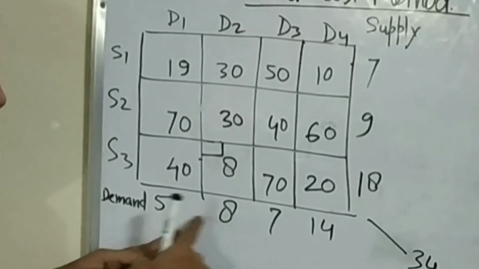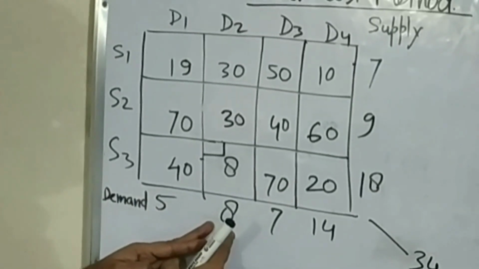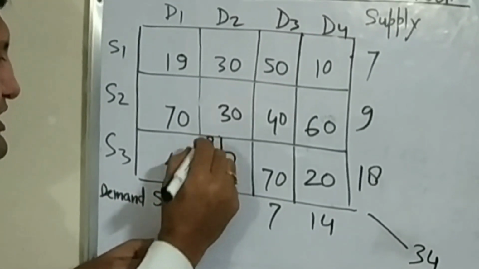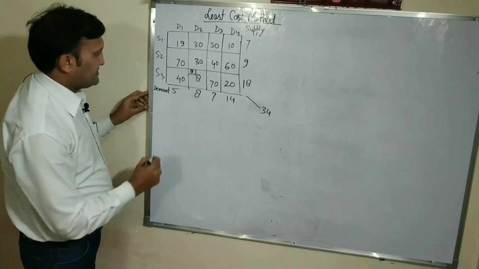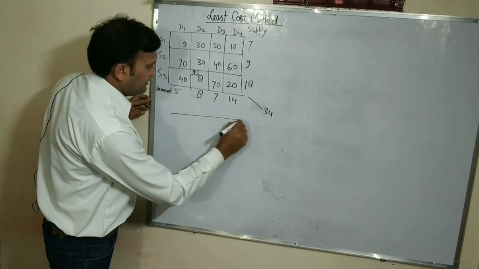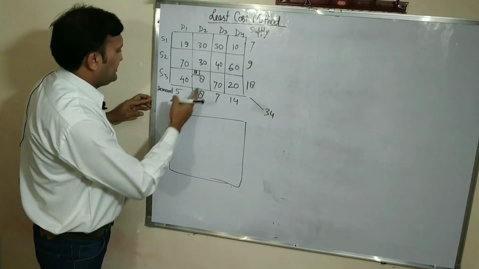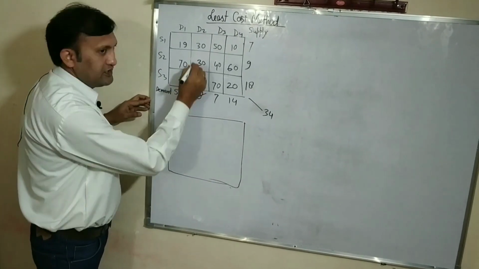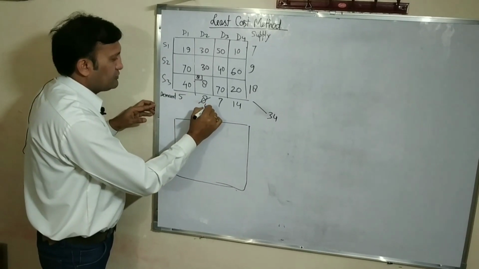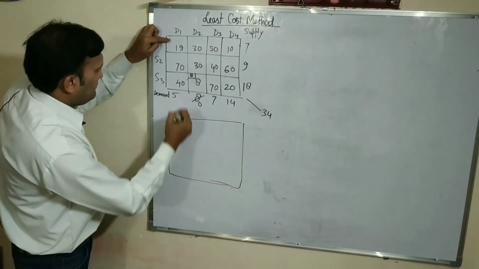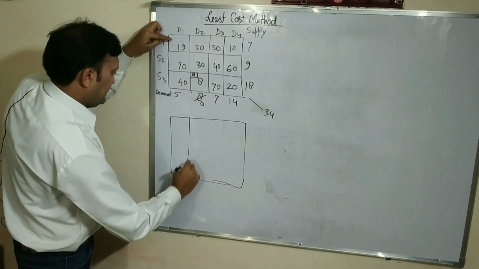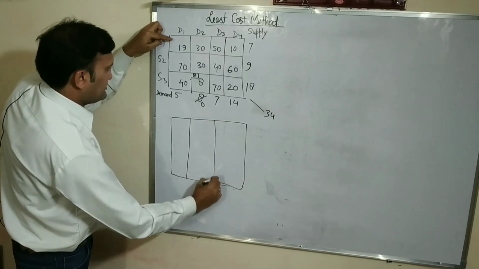We find that demand is less, so we are going to allocate 8 over here, and further we are going to make the next table. Since the demand is fulfilled for this particular column, we are not going to make this column, so further there will be the next column like that.